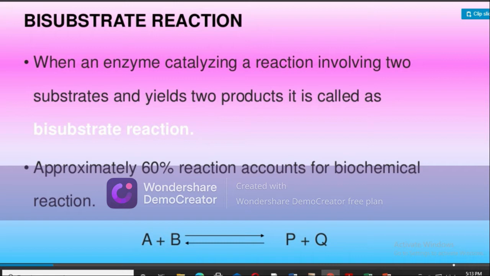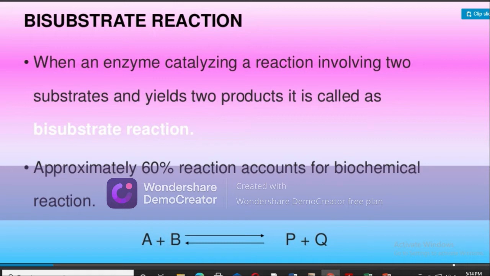So ladies and gentlemen, most of the reactions that take place in the human body are bi-substrate reactions. For example, most of the glycolytic pathway uses bi-substrate reactions.